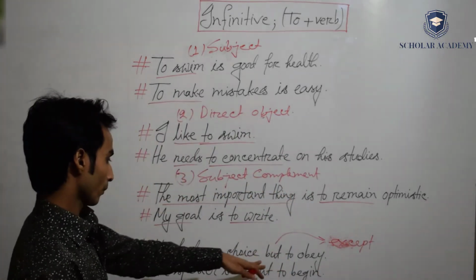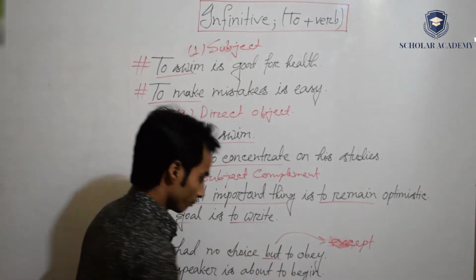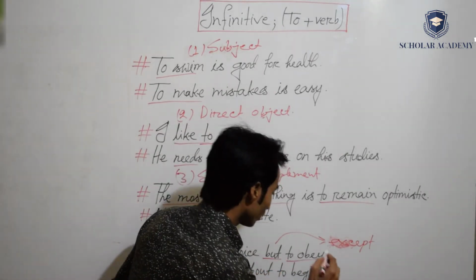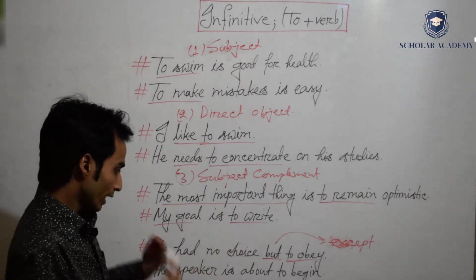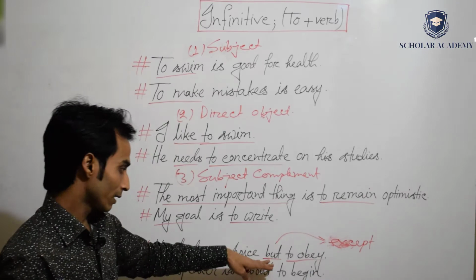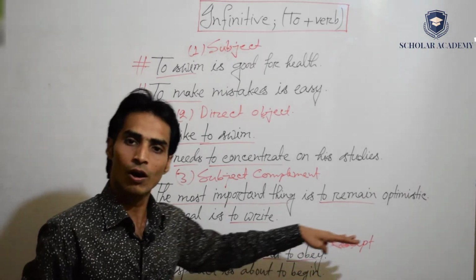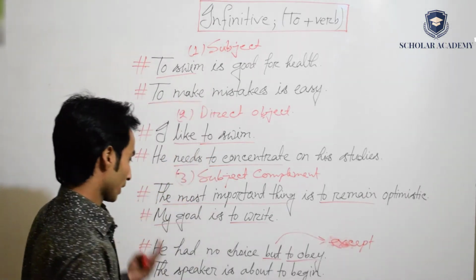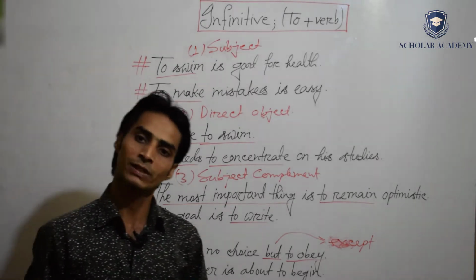So but is a preposition and to obey is an infinitive. That means in this sentence infinitive is used as the object of preposition. So we can say that infinitive can be used as the object of preposition.